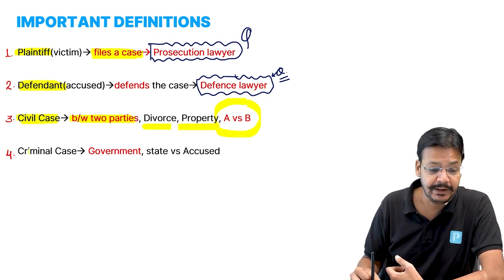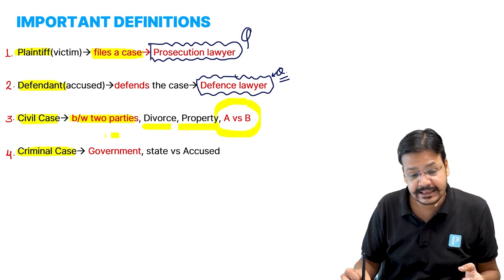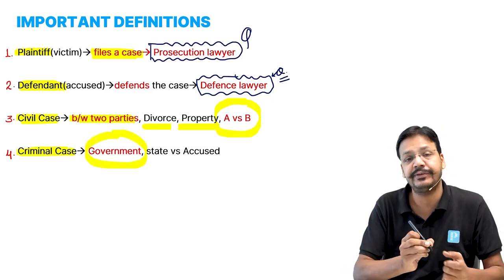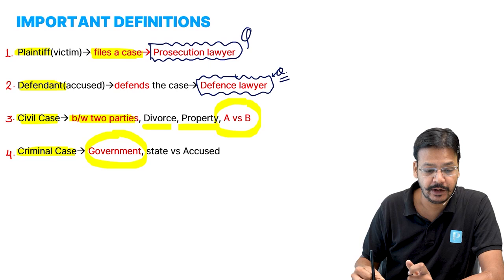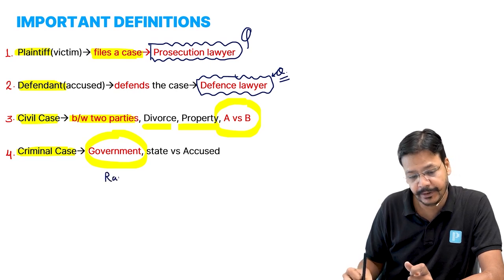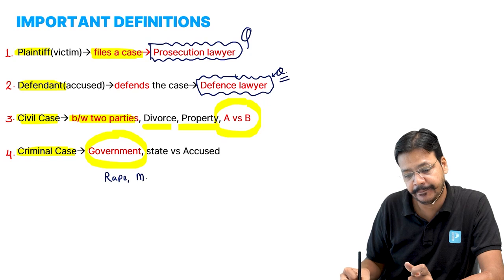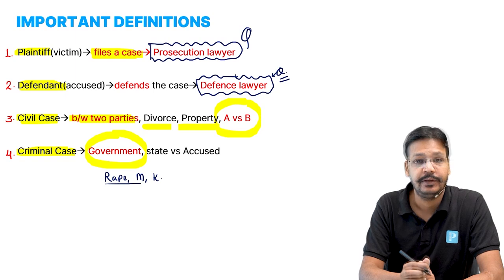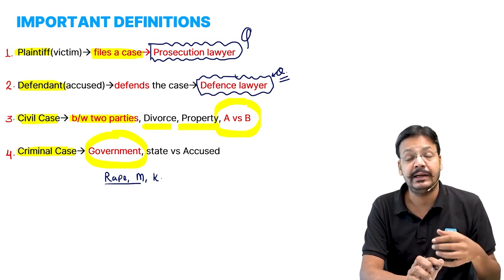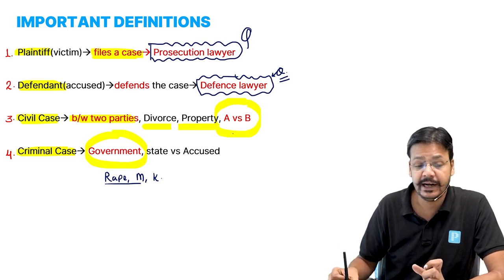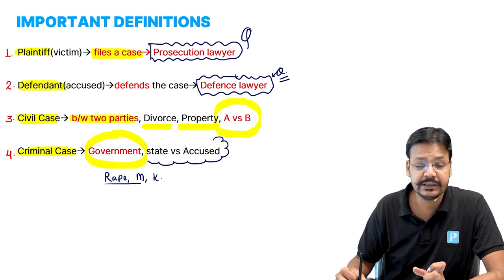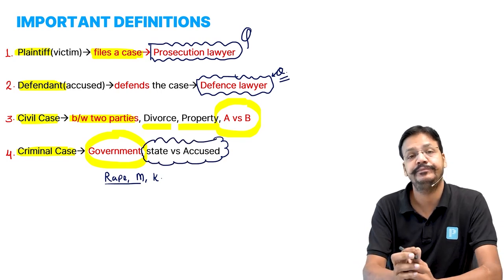But what about the criminal case? A criminal case is a case against the government. It is not between two parties. Examples of criminal cases are rape, murder, kidnapping. What you write down is state versus accused.